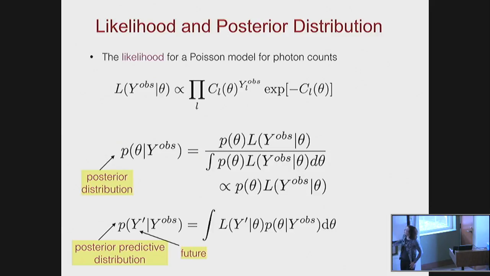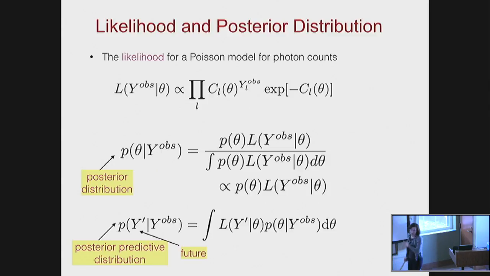In our case, the likelihood is defined here. Again, these are the same counts as in the previous observation. This is the Poisson distribution with our data, which is the observed number of counts, and then the model given the thetas, the parameters of our physical model.